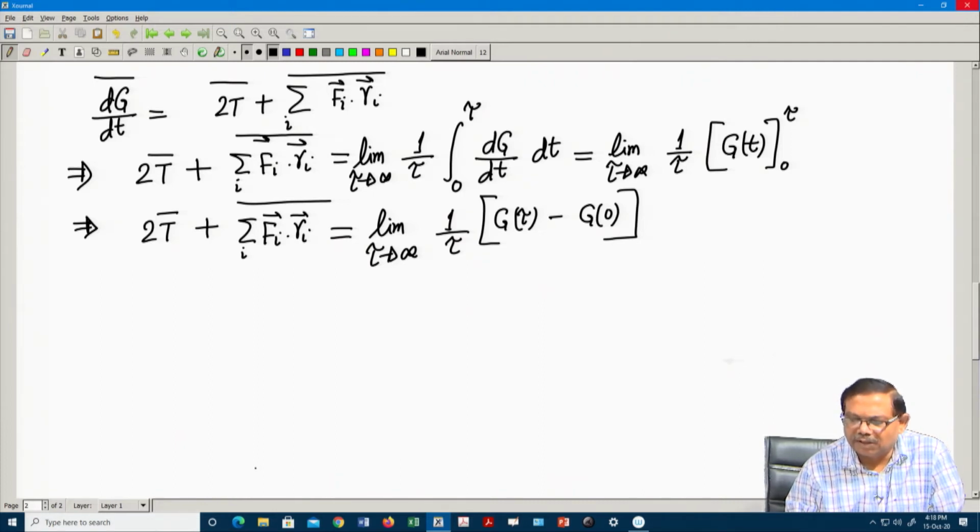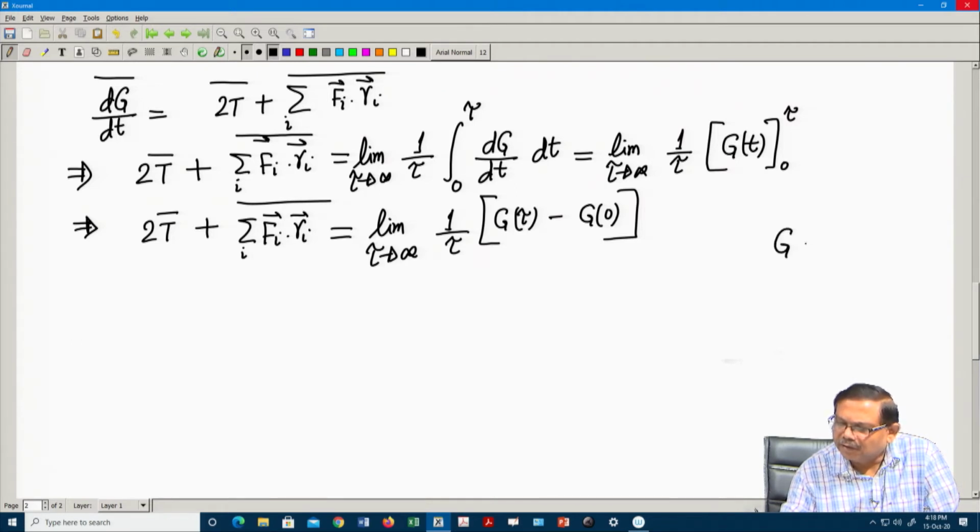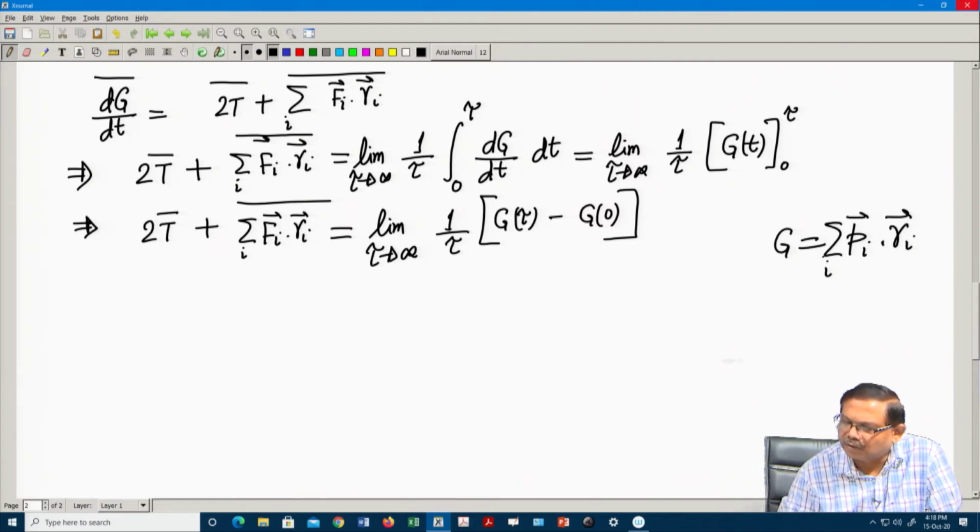So, if that is the case, then G, which is a function of, as we have defined, G was sum over p_i dot r_i.